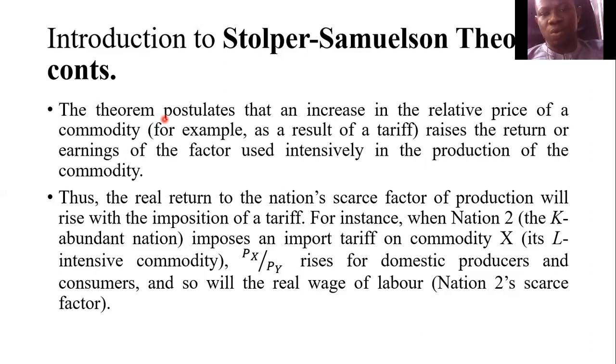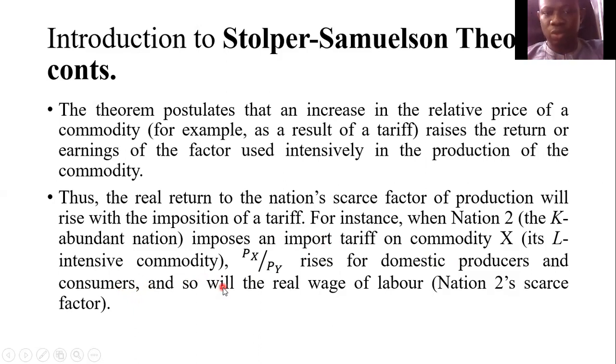For instance, when nation two, a capital abundant nation, imposes an import tariff on commodity X, which is labor intensive, PX over PY, the relative price of X, rises for domestic producers and consumers.